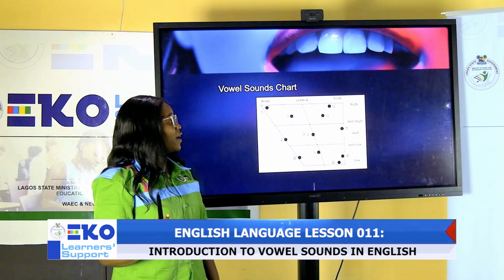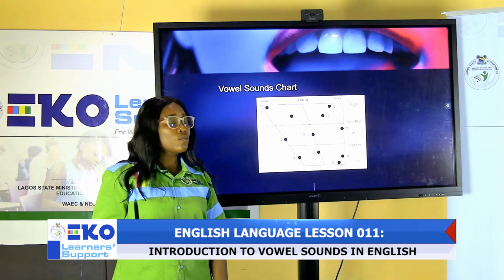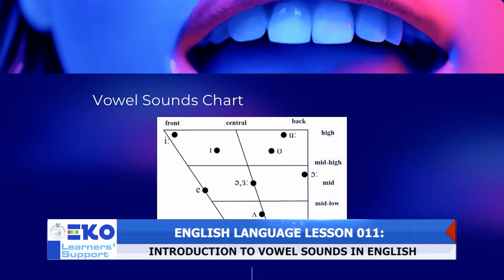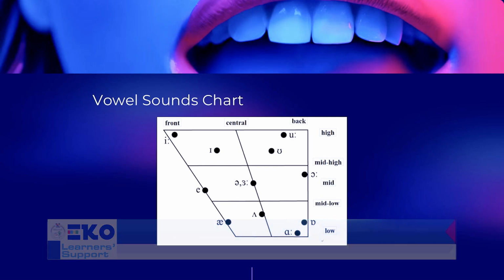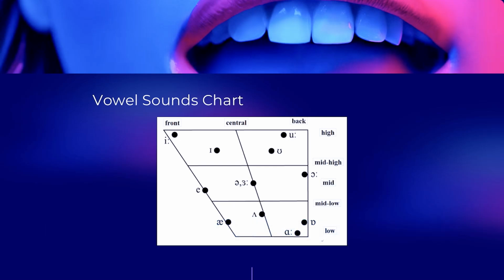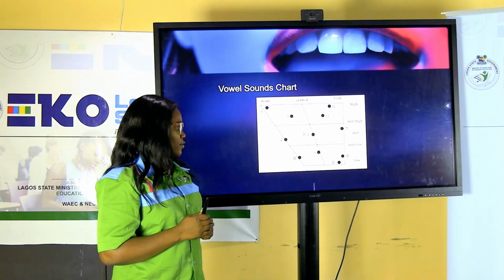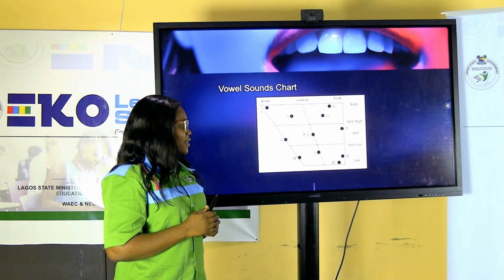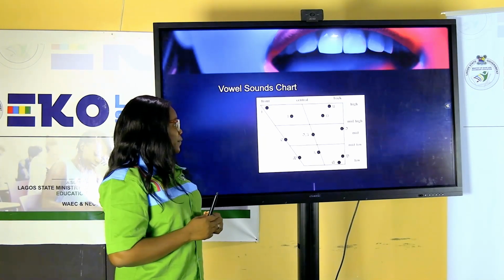So when you have the sound ooh, what happens? The tongue glides to the back of the mouth and the tongue raises. It rises up. That's why it's a back high vowel sound. The same thing applies to the other vowels. Look at the sound ah. What happens?